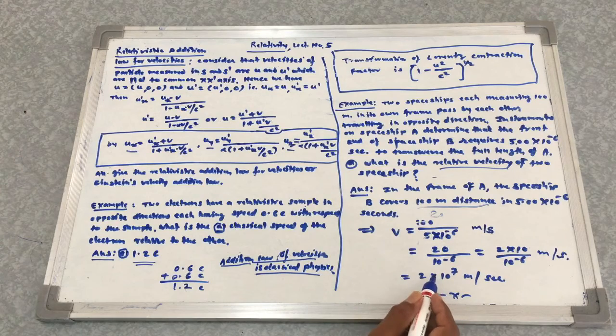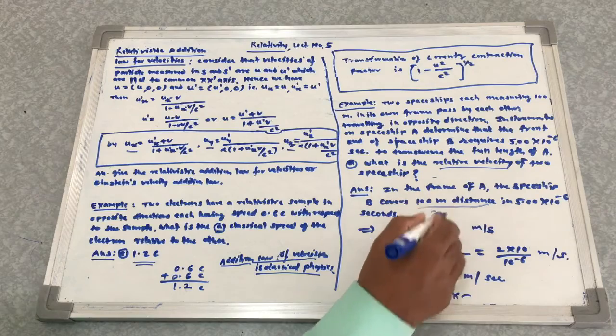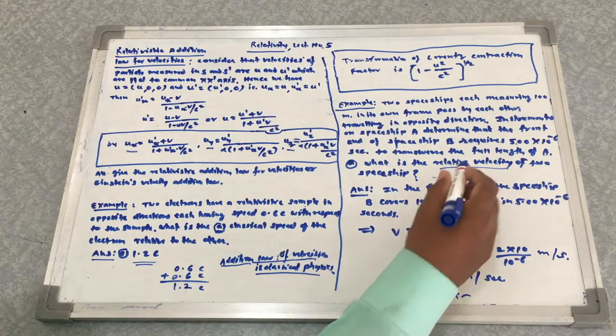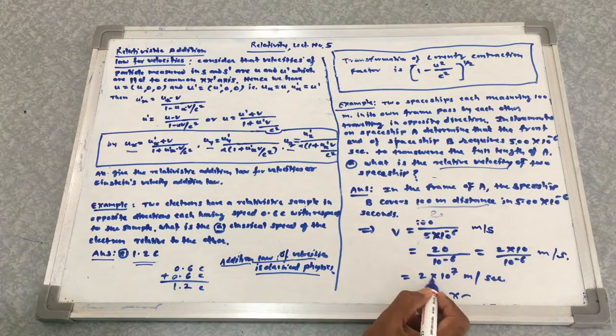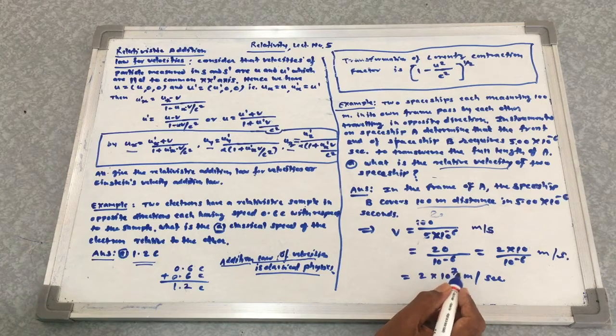So the relative velocity is 2 into 10 raised to 7 meters per second.